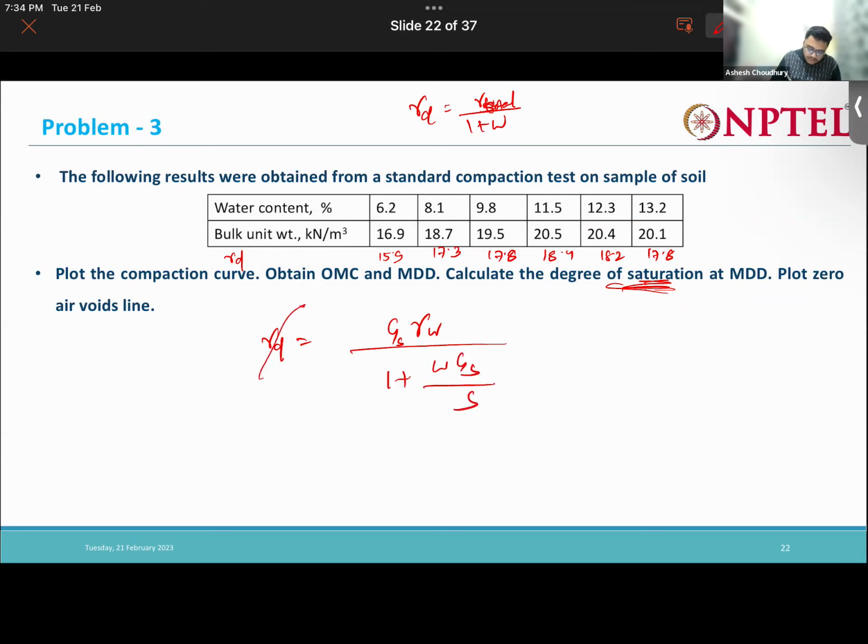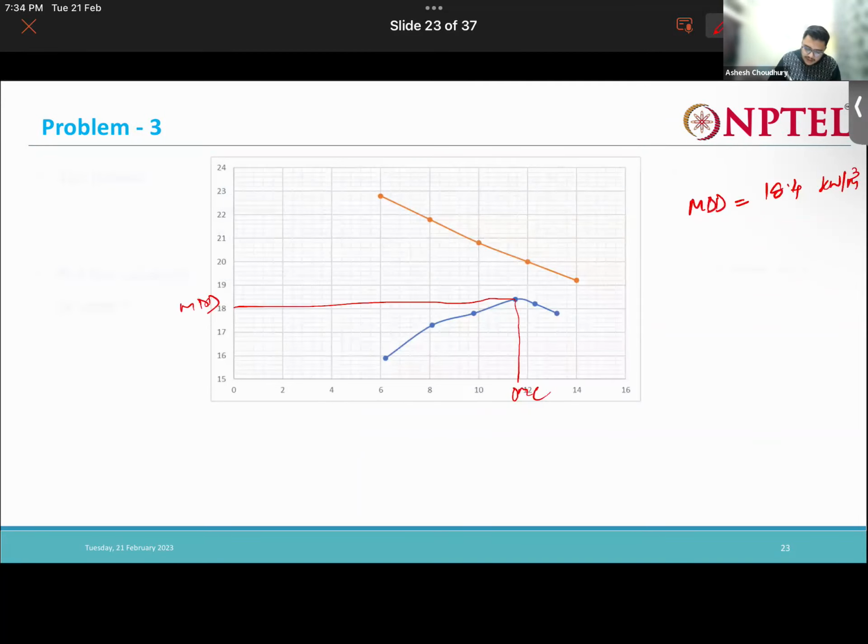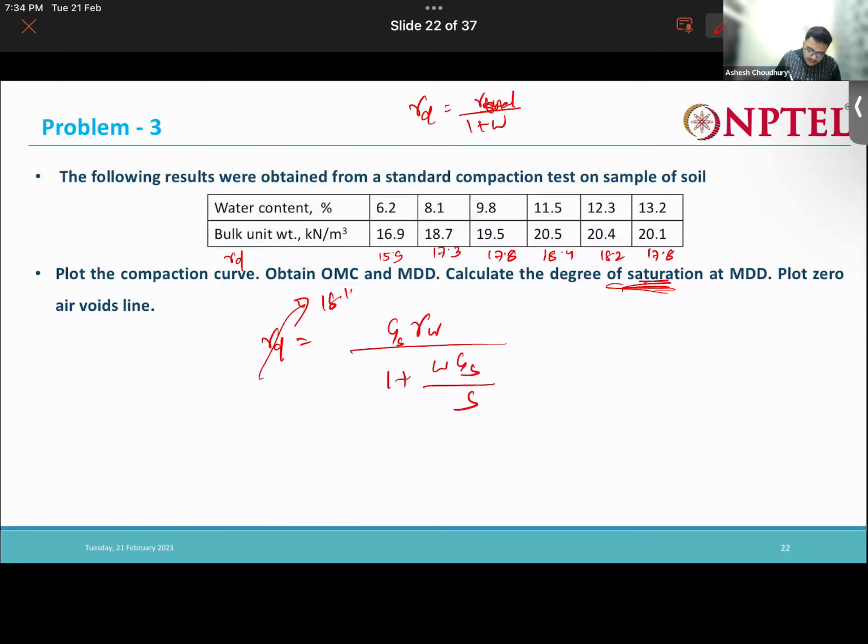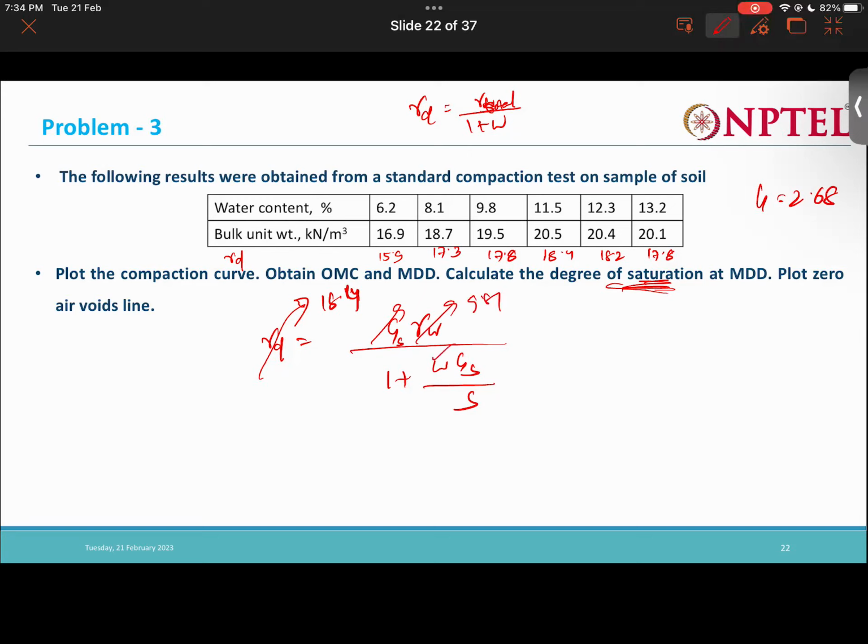This you just calculated from the graph is 18.4, G you take as 2.68, this you know, 9.81, and this is nothing but your OMC.